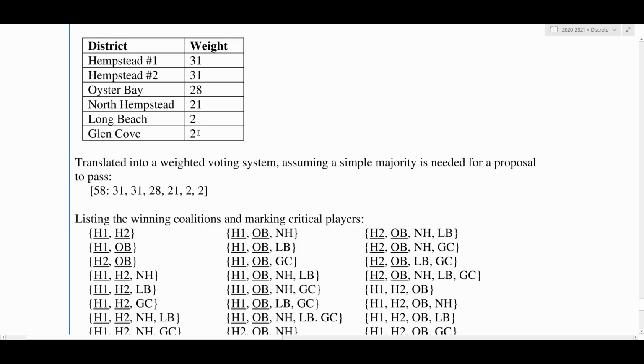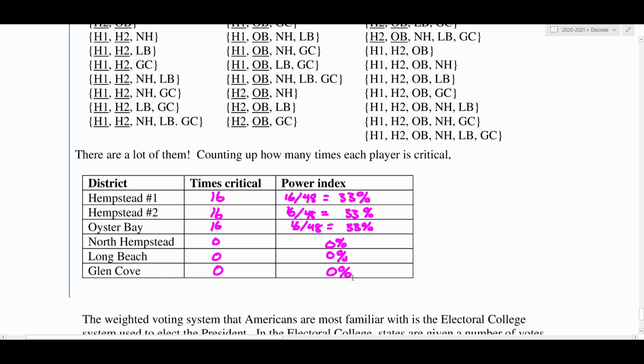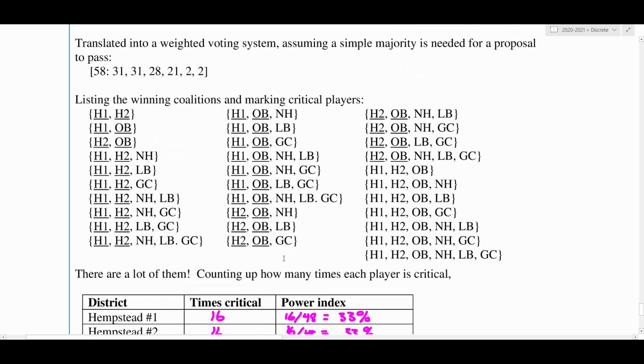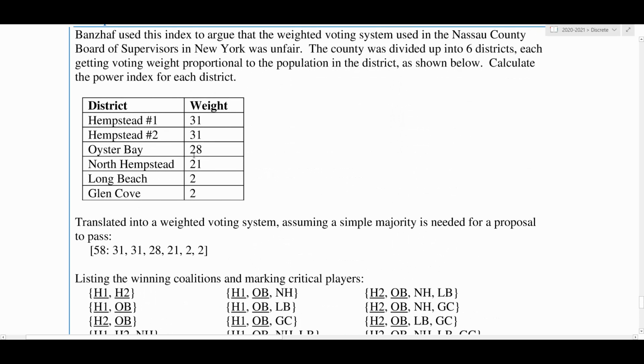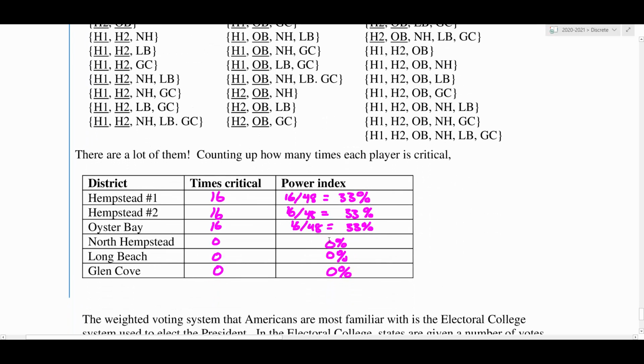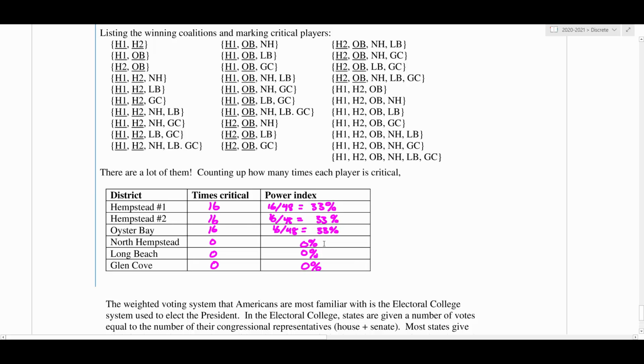Okay, so if you look at this, they had 2 votes, but those 2 votes meant nothing because they ended up with 0% of the power. Even North Hempstead up here, who had 21 votes, still ended up with 0% of the power. Right? And that's not okay. These districts need to have a say in what happens in their county.